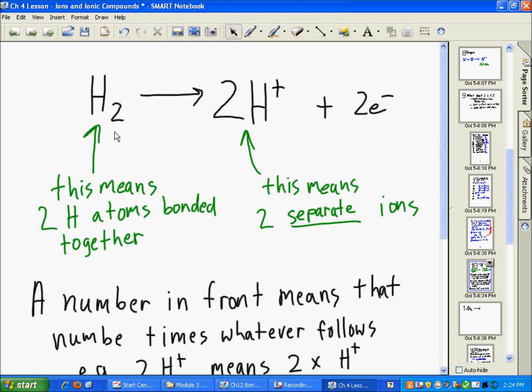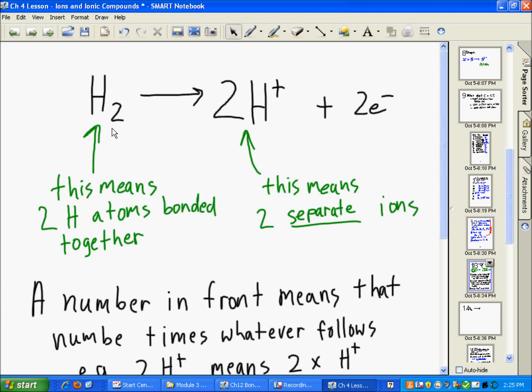The only difference is we have to balance the atoms first. Each hydrogen normally loses one electron to become H+. Here we have two hydrogen atoms stuck together. But once they become ions with a charge, they'll repel each other and go away from each other, because two positive charges won't want to stick together. Like charges repel each other.